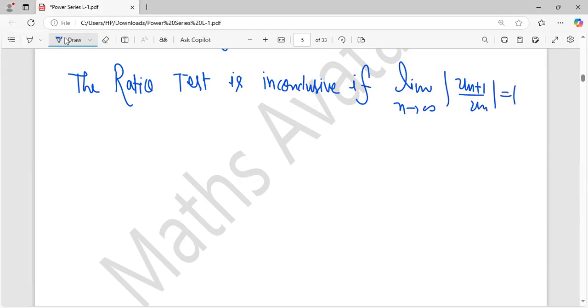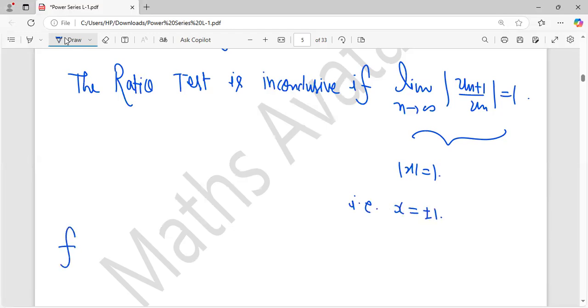So we have to check it separately. It means the test fails here, so we will check these values: x is equal to plus minus 1.